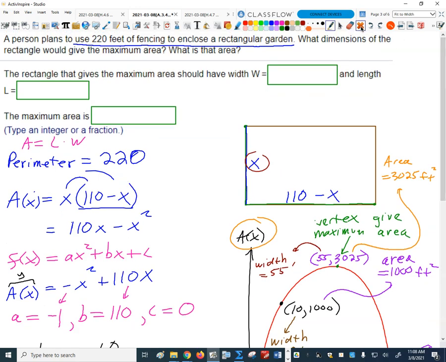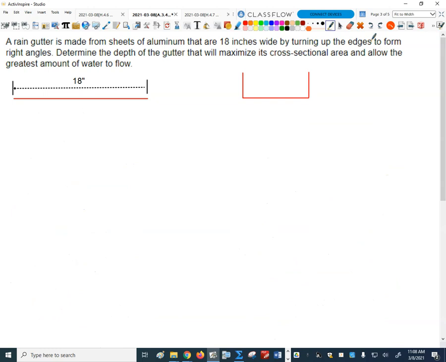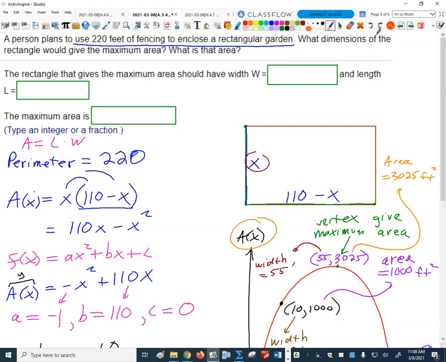So what's that tell us then? It tells us that the width has to be 55. The maximum area we calculated is 3025 square feet. And what's the length?